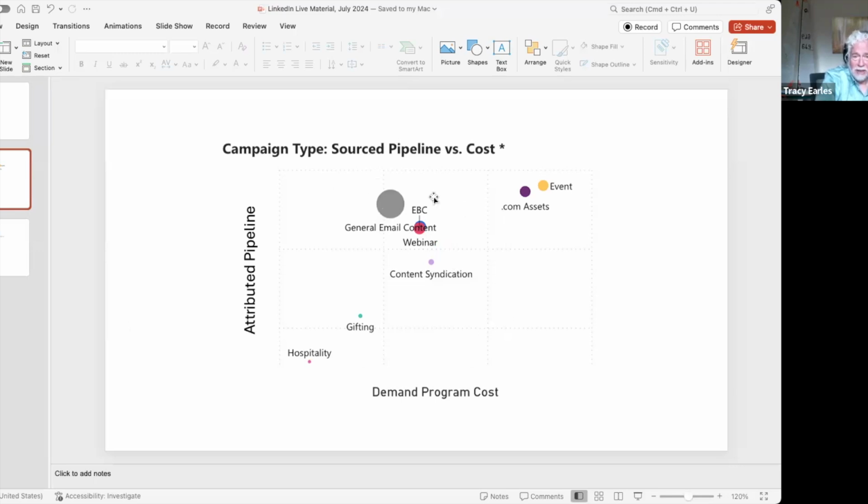So you see that big gray email content bubble. And by the way, this cost axis is logarithmic, because if I didn't make it logarithmic, email is sitting on the zero axis, and it just doesn't tell the story that we want it to tell.